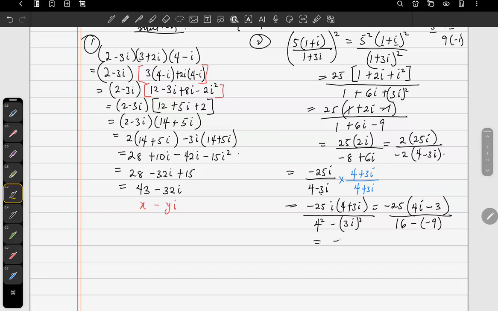So this gives us negative 25 into bracket 4i minus 3 all over 25. So 25 cancels 25, and we are left with negative of 4i minus 3, which is the same thing as 3 minus 4i. And it's as simple as that.